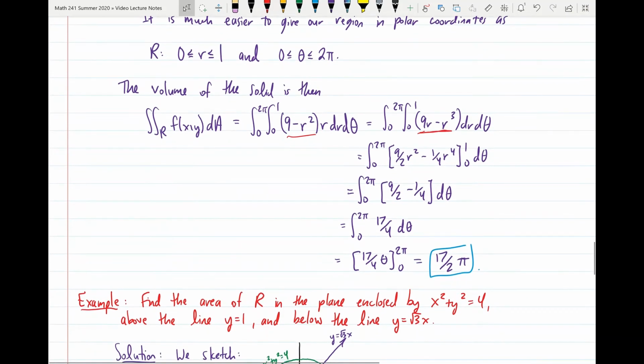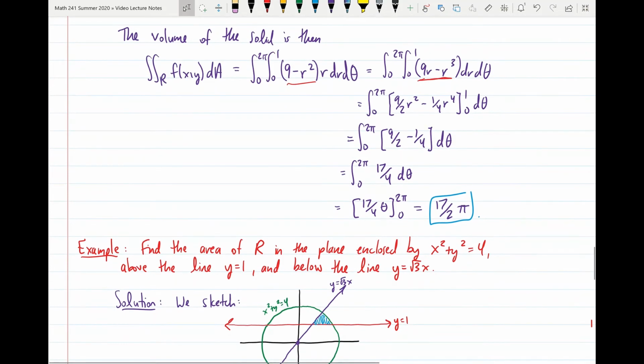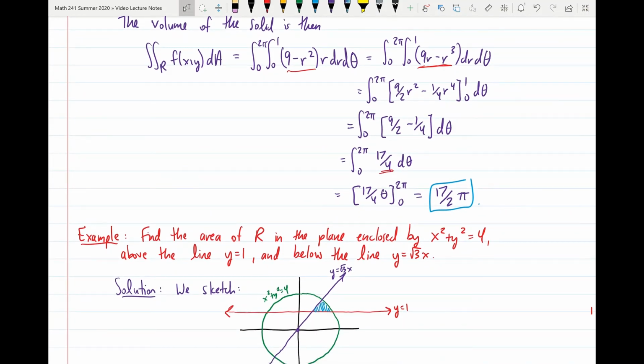And now we're going to evaluate the inner integral. So we have the integral from 0 to 2 pi of 9 halves r squared minus 1/4 r to the 4th, evaluated from 0 to 1. We plug in the 1 and we get a 9 halves minus 1/4. That'll equal 17/4. And so now we have the integral from 0 to 2 pi of 17 over 4 d theta.